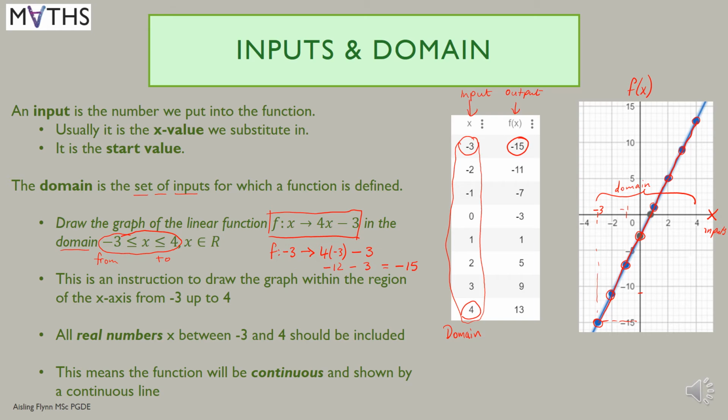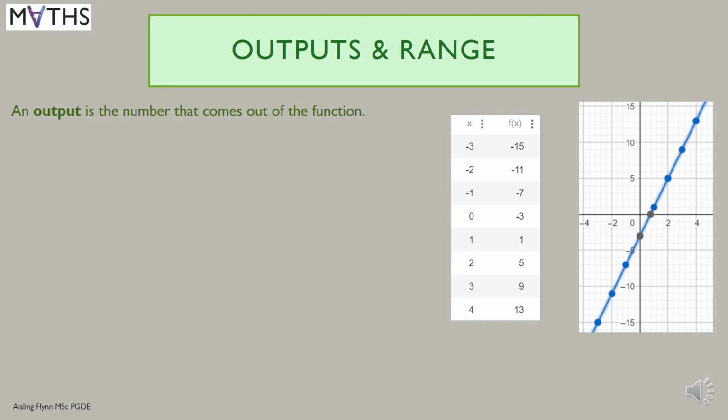So a lot to take in. Outputs and range. An output is the number that comes out of the function. If we have f of x is 4x minus 3, which we had previously, then 4 is the input.